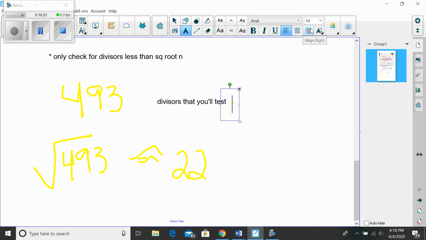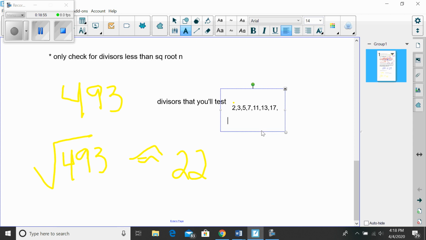And I'm going to test 3 by using that divisibility rule. Is the sum of the digits divisible by 3? And it's not. It doesn't end in 5. I take out my calculator, divide by 7, 11, 13, and next prime is 17. And I think that's all I have to test, because 23 is more than the square root. So these are the list of the only numbers that I have to test.